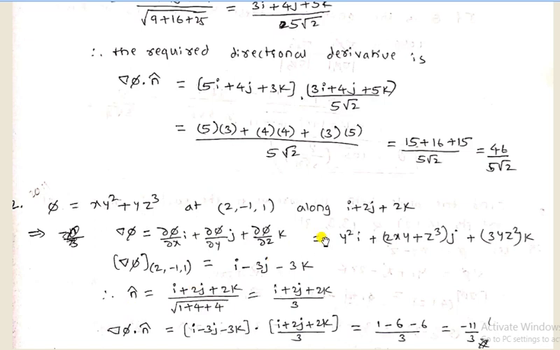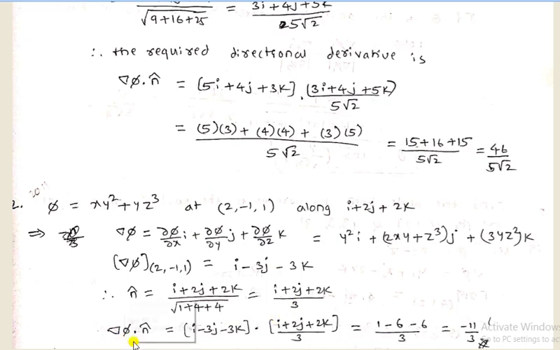And n cap is, using the direction i plus 2j plus 2k, divided by the square root of i squared, coefficient of j squared and coefficient of k squared: 1 plus 4 plus 4, that becomes 3.